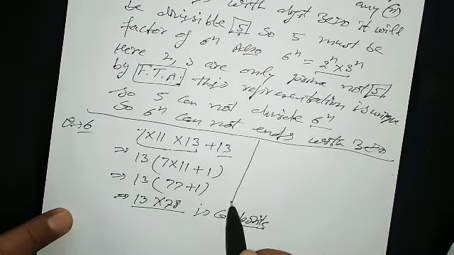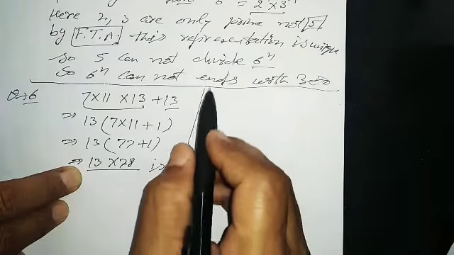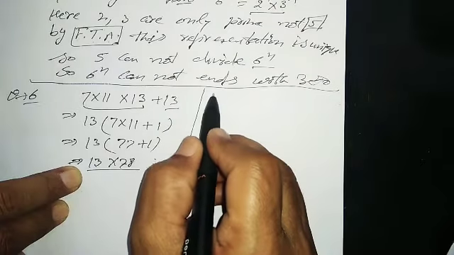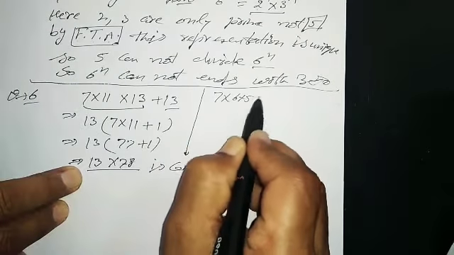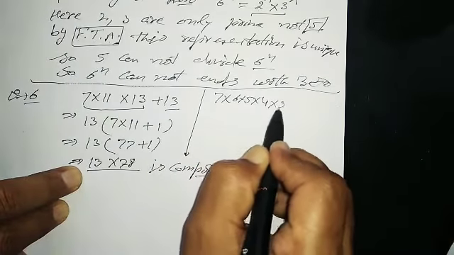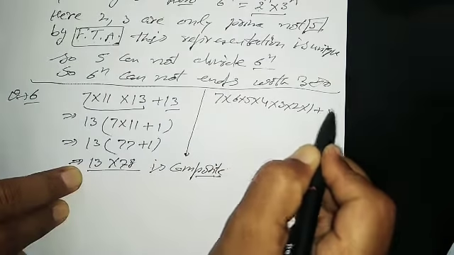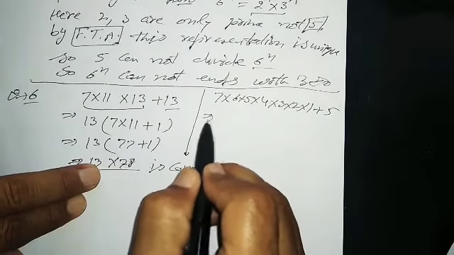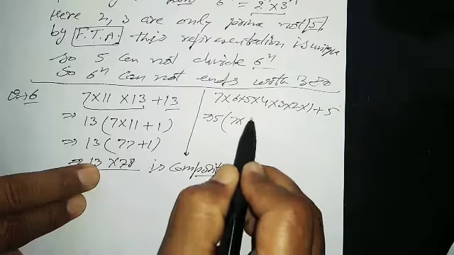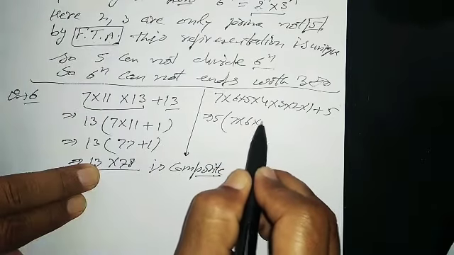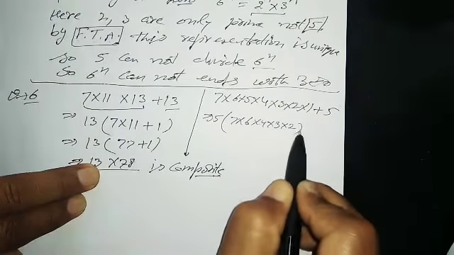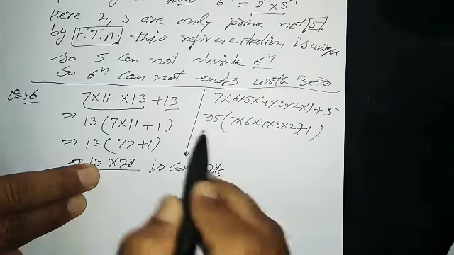Again, you have another question: 7 into 6 into 5 into 4 into 3 into 2 into 1 plus 5. You can take 5 common, and you will get 5 times (7 into 6 into 4 into 3 into 2 plus 1).